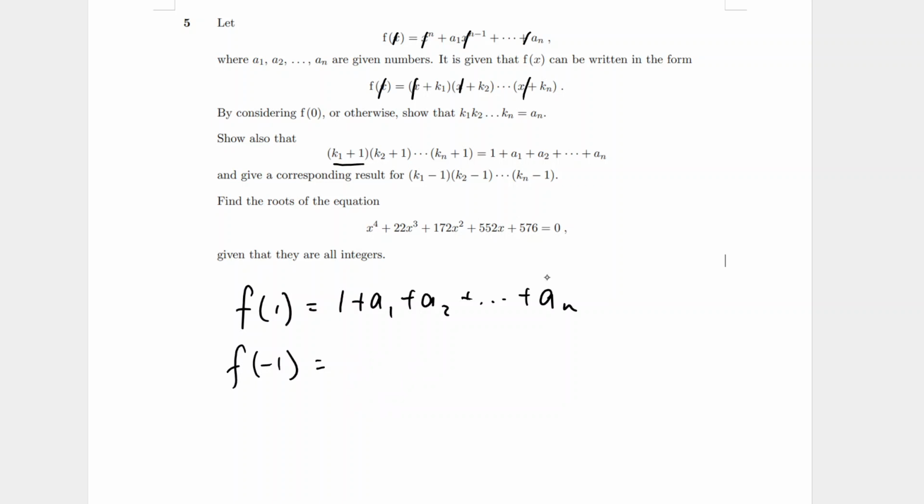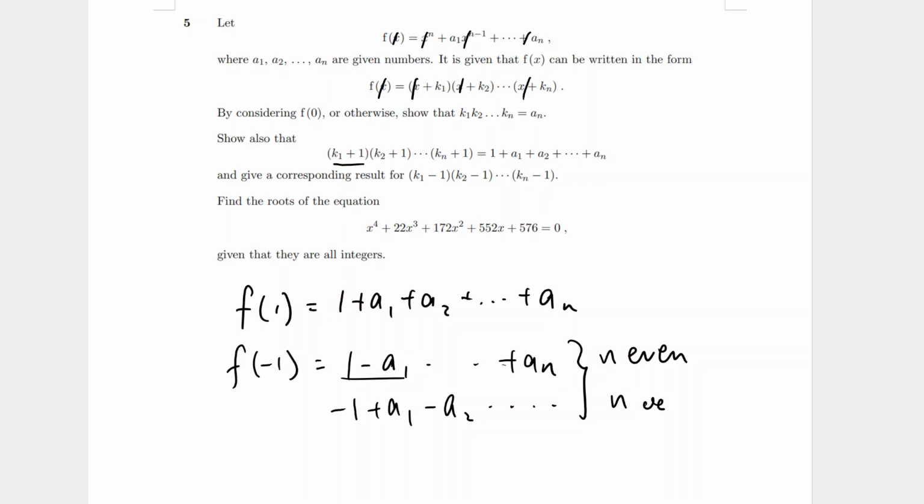It's just alternating. It depends on whether n is odd or even. If n is even, the last term is plus an, and if n is odd, it's also plus an. So I suppose we have to split it into n even and n odd.